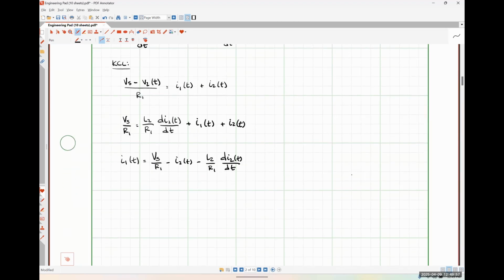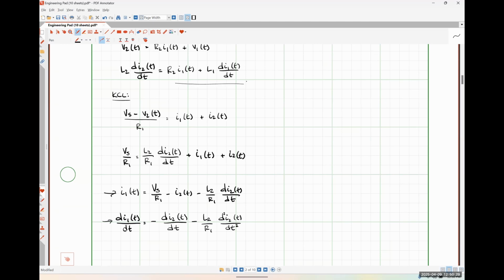And taking the derivative of this, I could also find that di1 by dt is going to be equal to negative di2 by dt minus L2 over R1 times the second derivative of I2 with respect to time. I'm going to substitute these two equations into this one right here, and now everything will be in terms of I2.